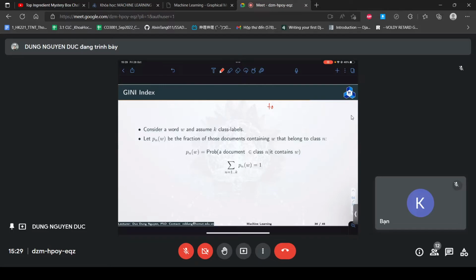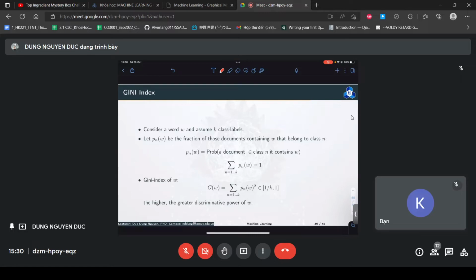Therefore, they define for you the Gini index, which is the sum of squared p_n. And of course, you may end up saying that the discriminative power of W here is high if the Gini index is high.